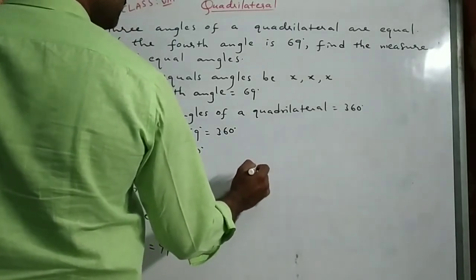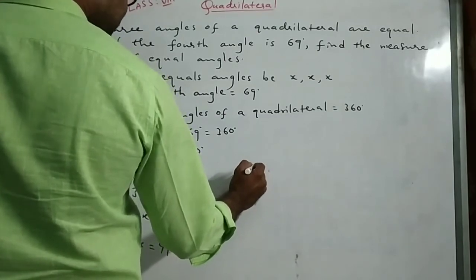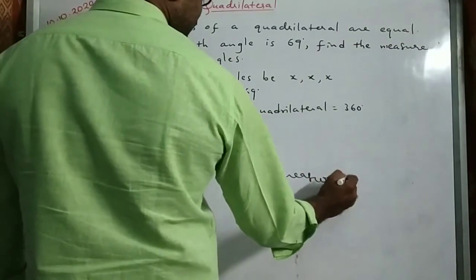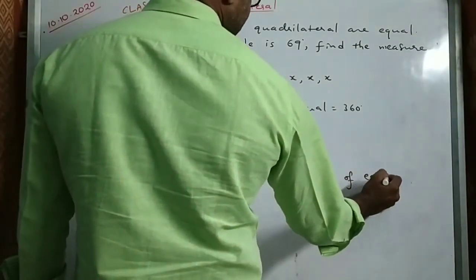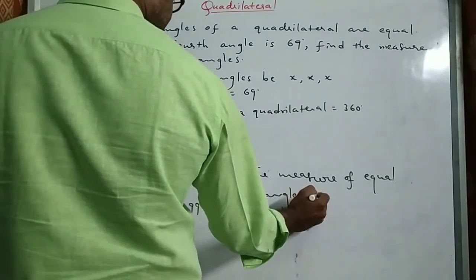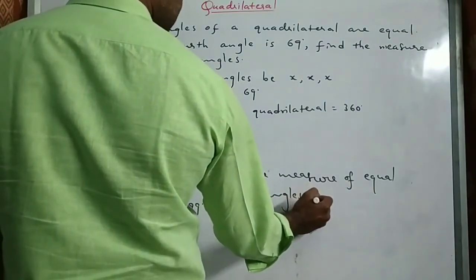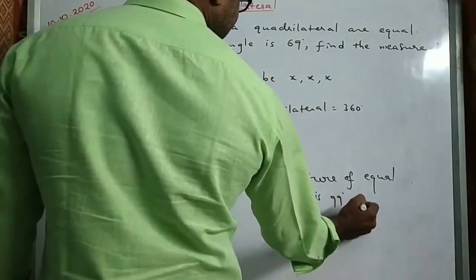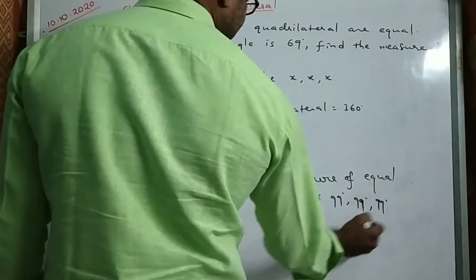Therefore, the measure of equal angles is 97, 97, 97.